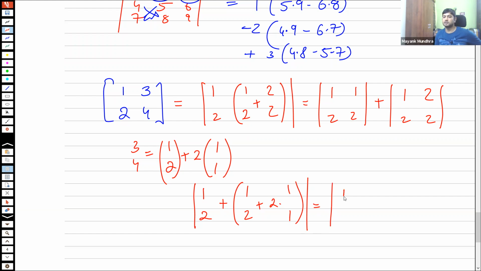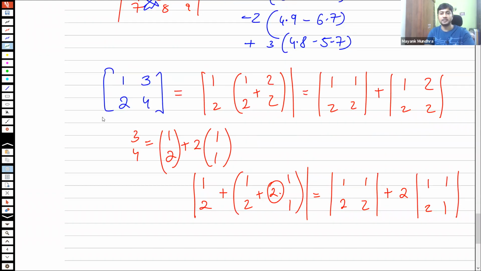So that becomes the determinant of 1, 2, 1, 2 plus, this 2 can come out, twice the determinant of 1, 2, 1, 1. So these are some simple tricks which can make our job of finding the determinant easier.